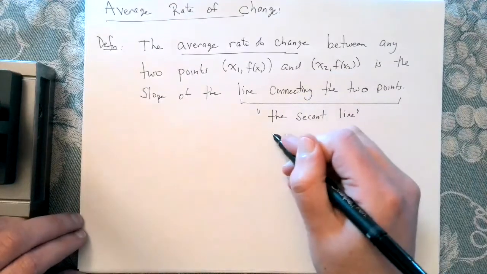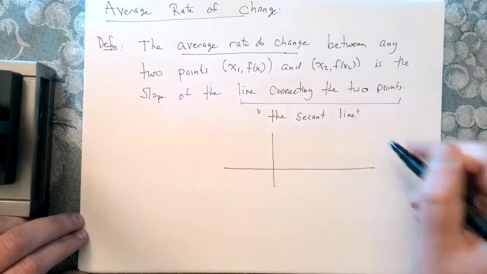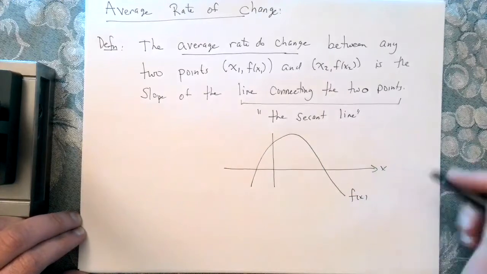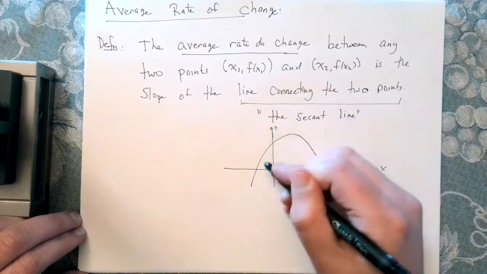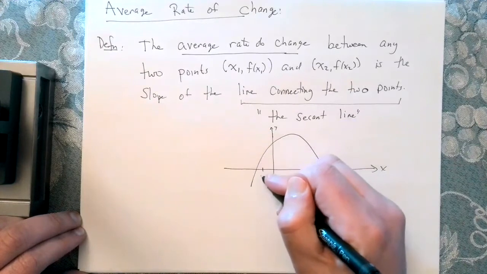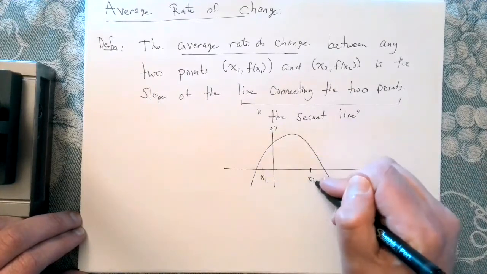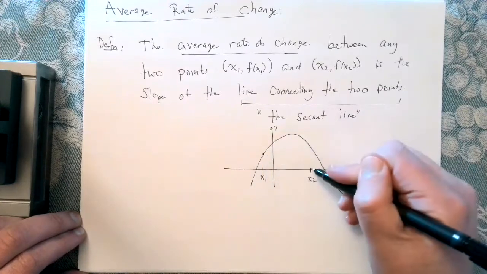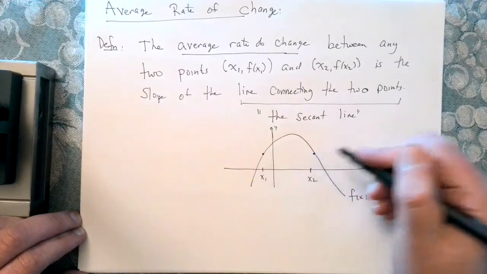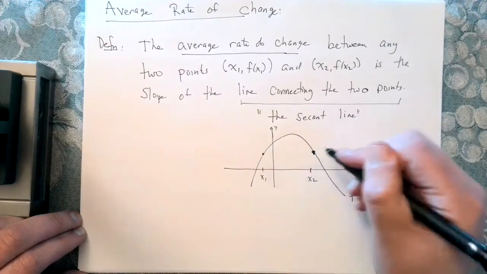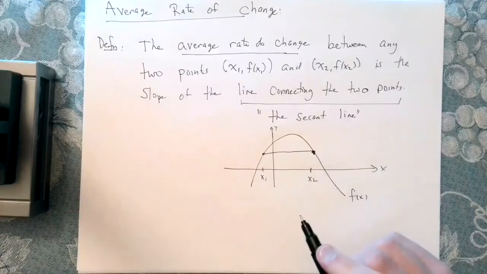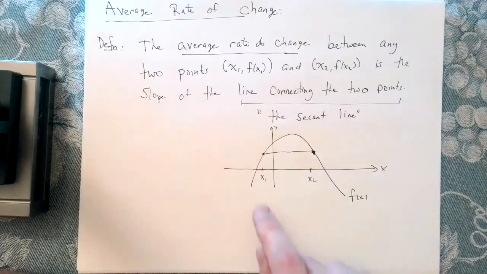So for example, say I had the following function f of x, and let's say here is x1, let's say here's x2, right here would be f of x1, right, the y value, that would be f of x1, and then the y value here would be f of x2, and then the slope of this line connecting them, that would be the average rate of change from x1 to x2.